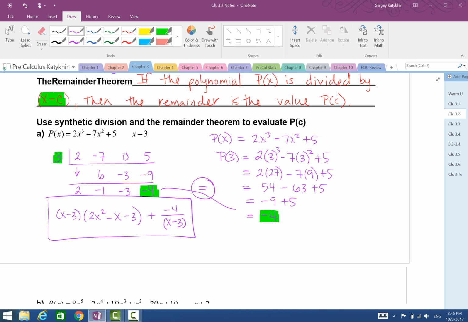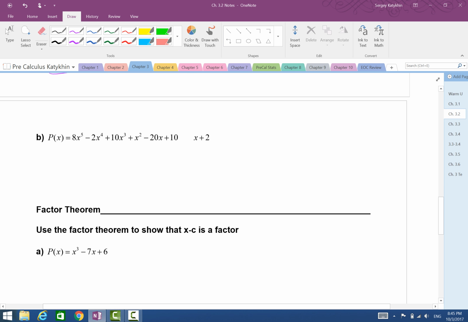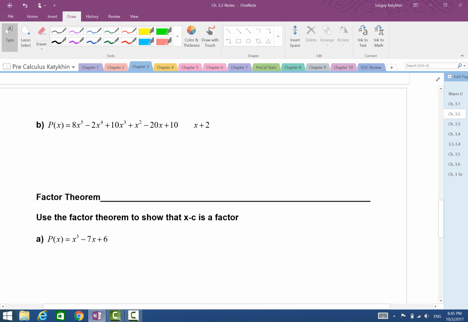If you know your c, by plugging that c into the original function or the original polynomial, you do get the same remainder as if you were to use long division or synthetic division. It really does not matter. So let's go ahead and look at that one problem as well.